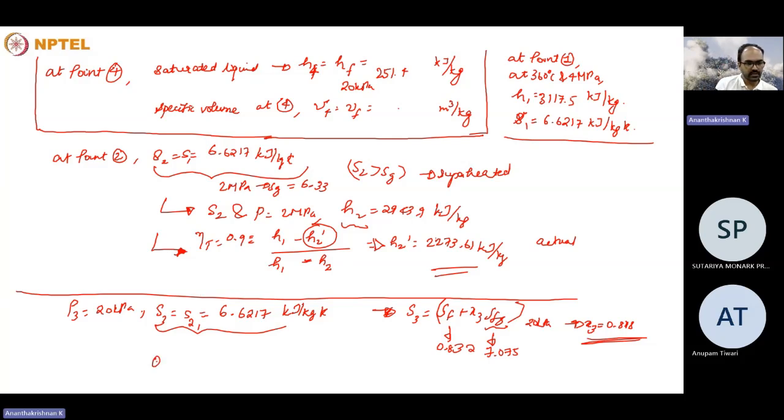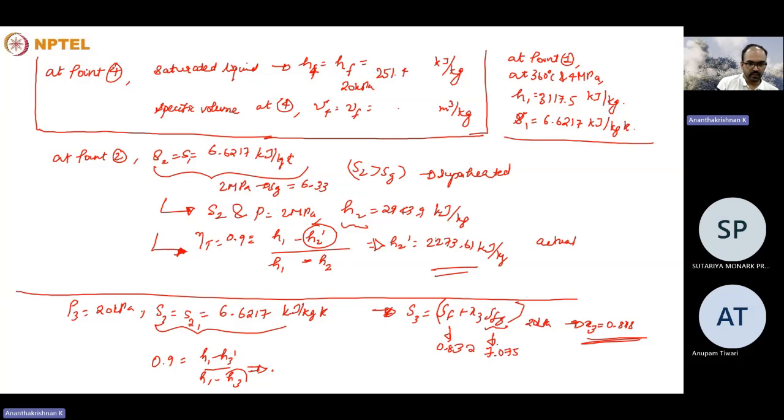We know the efficiency is 0.9. That will be equal to, the same as in the previous case, H1 minus H3 dash divided by H1 minus H3. So from here we'll get the value of H3 dash. For that we require H3.